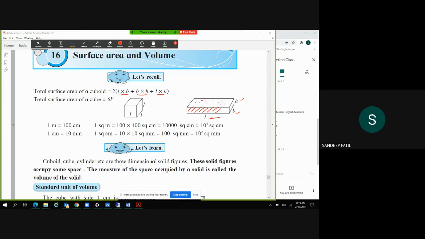Similarly on other side also there is same area, so we are multiplying with 2.